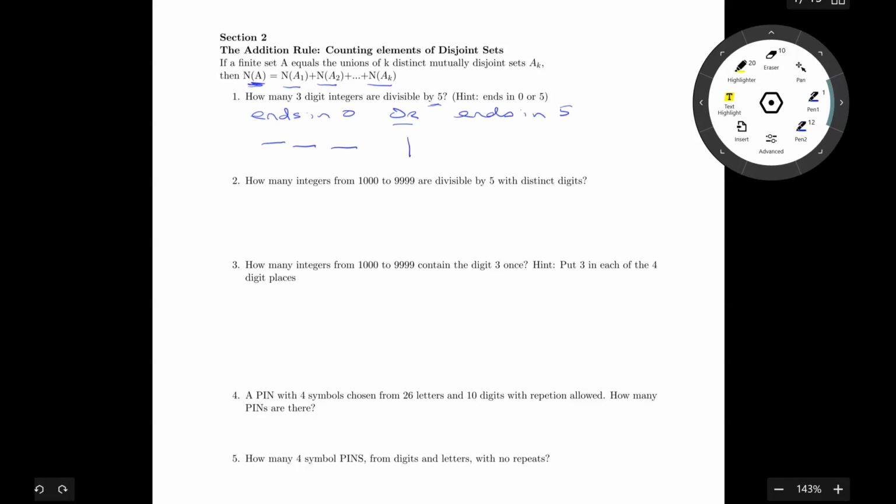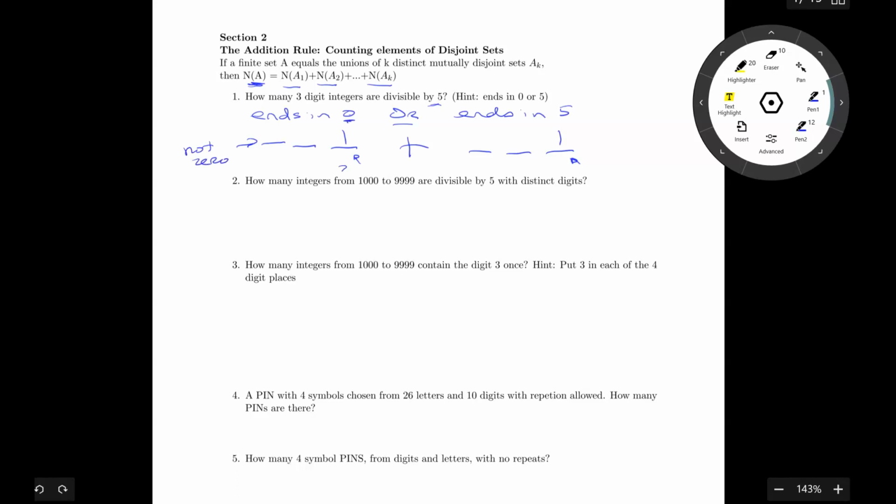Again, I'm going to do this with lots of little lines here to write down the choices. So if I put the 0 here, there's one way to put the 0 here, and there's one way to put the 5 here. Now let's figure out what else I can have. Remember, if I'm making a 3-digit integer, this is not 0.